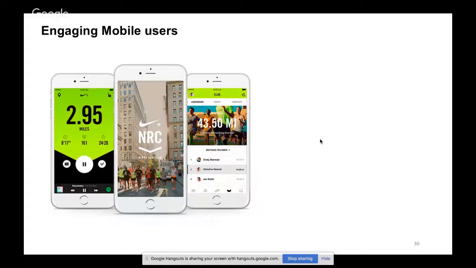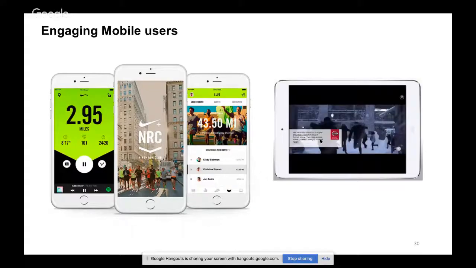in the apparel industry. Okay, and another example of engaging with your customers through the mobile app is the Nissan ad. Okay, so this is not an app per se, but it's a great example for normal advertisers to allow them to engage with their customers through the interactive video ad.